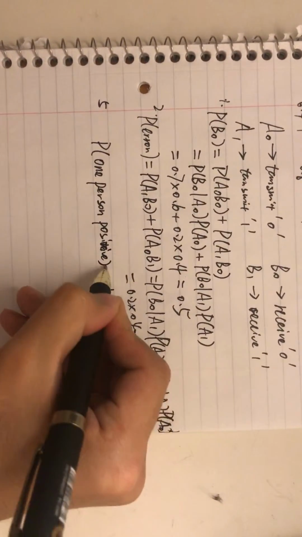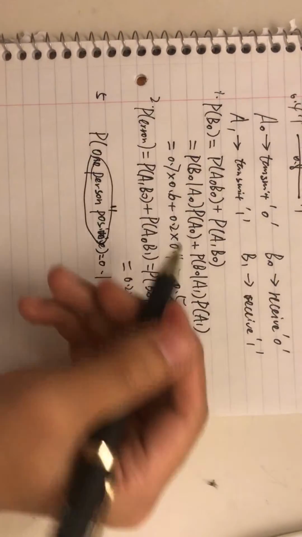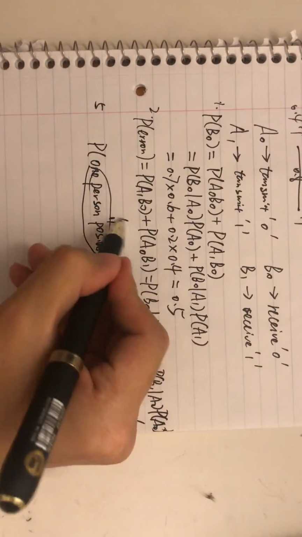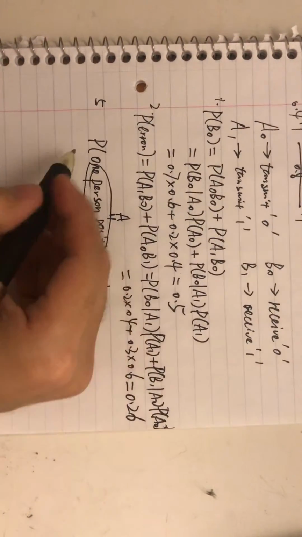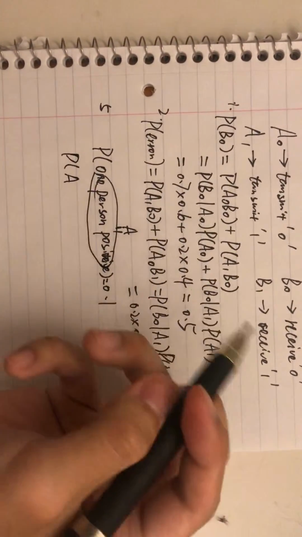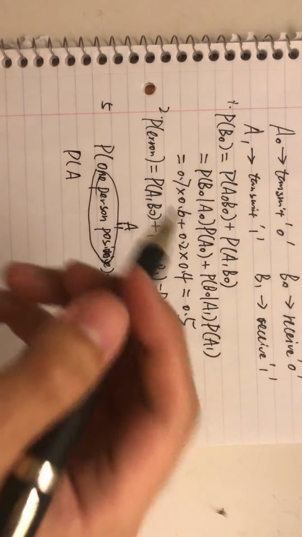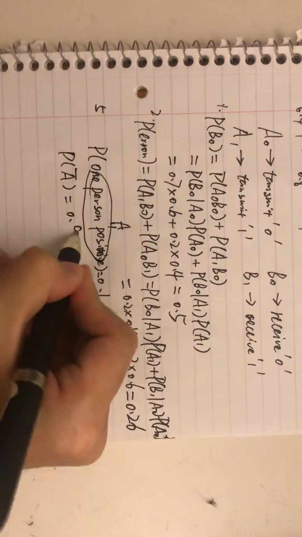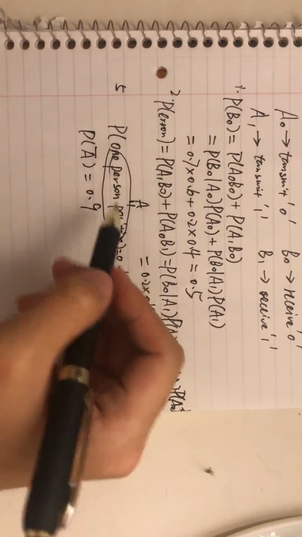0.1. If we use A to denote this event, then we know that the probability that the person's test result is negative is 0.9, which is 1 minus P(A).